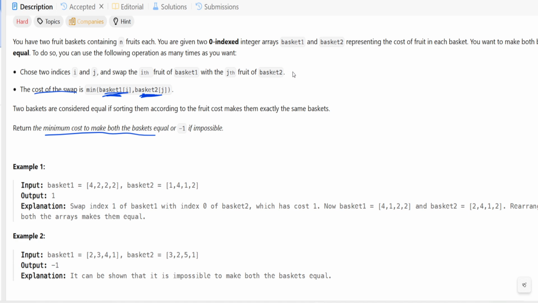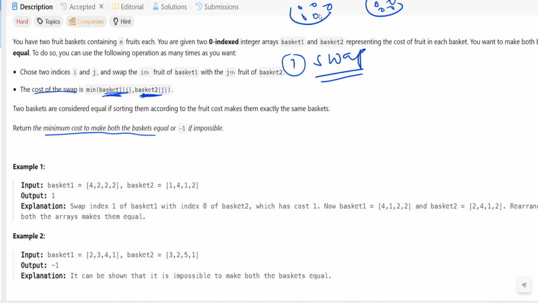So the very first step, you should understand what we have been given and what our operation should be. The very first is the swapping. We will do the swap, right? Swap means we will pick one fruit from basket 1. Let's suppose there is a basket and there are many fruits. There is another basket, and there are many fruits there, right?